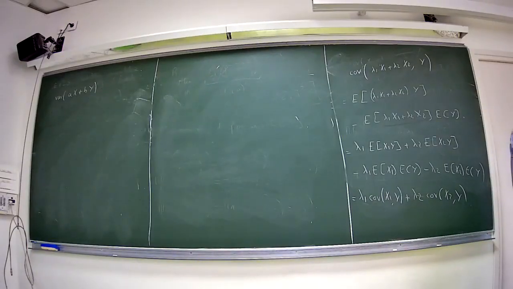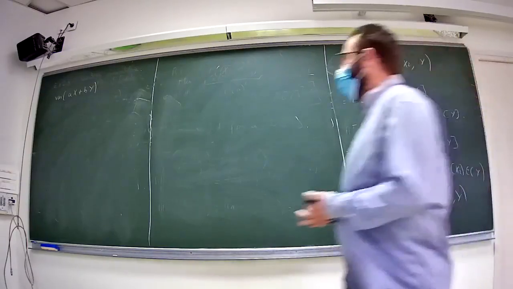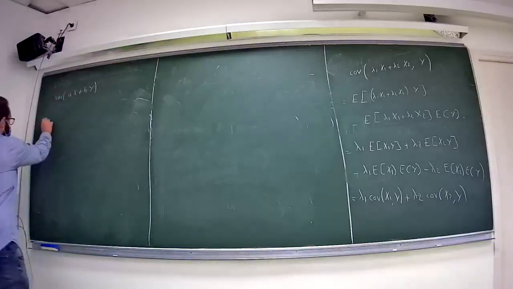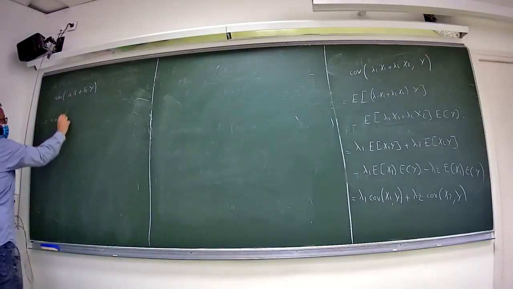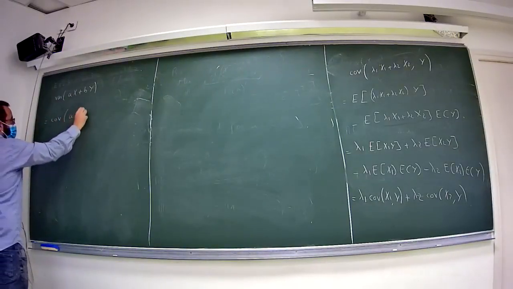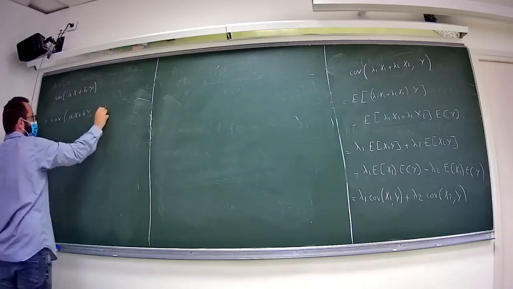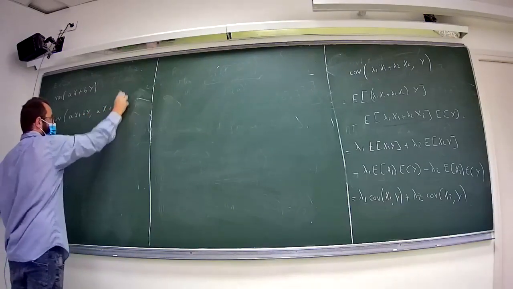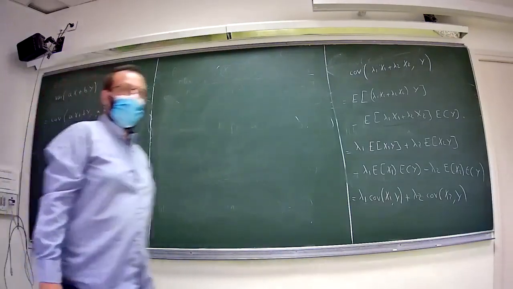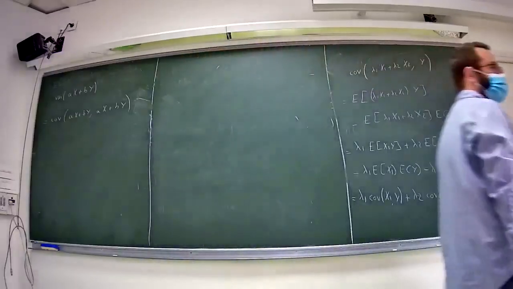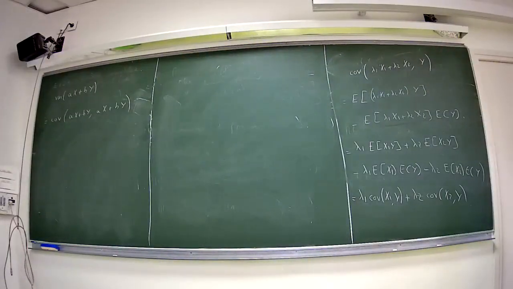So in fact, we are going to write the variance as the covariance between ax plus by and itself. And now we are going to use the bilinearity. First, we are going to develop with respect to the first variable, and then with respect to the second one.